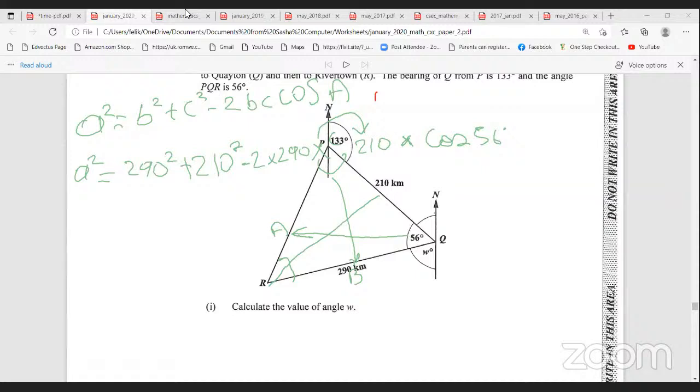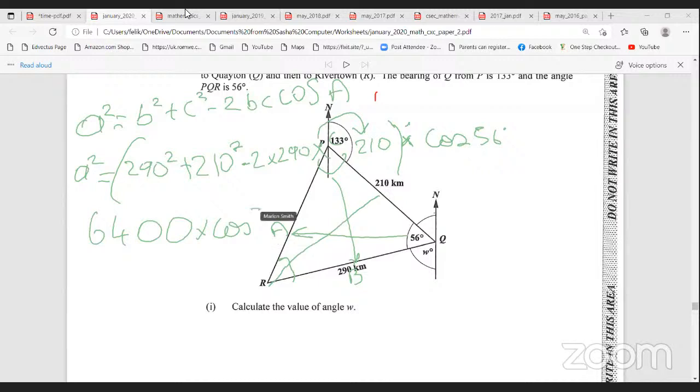Alright, so when we do 290 squared plus 210 squared take away 2 times the, yeah, that alone, we get 6,400. And then this times by cos 56 degrees.